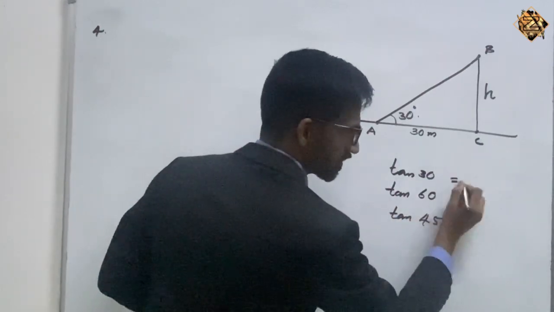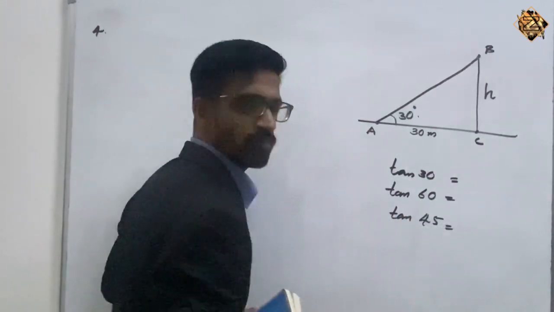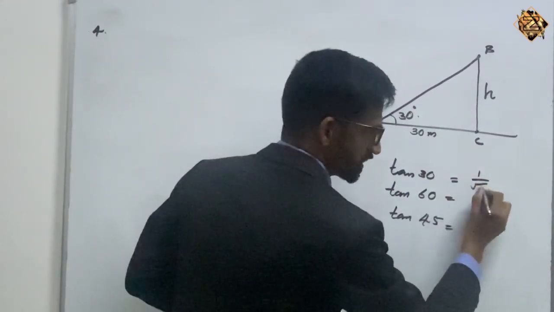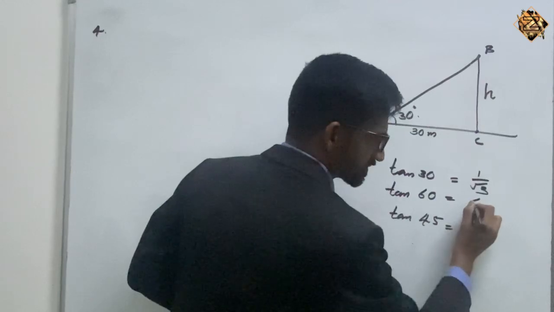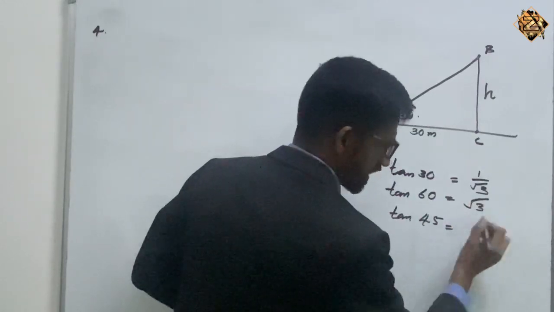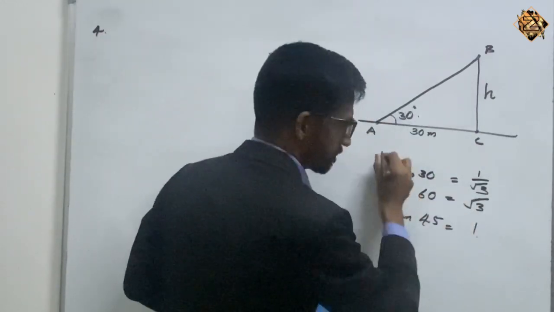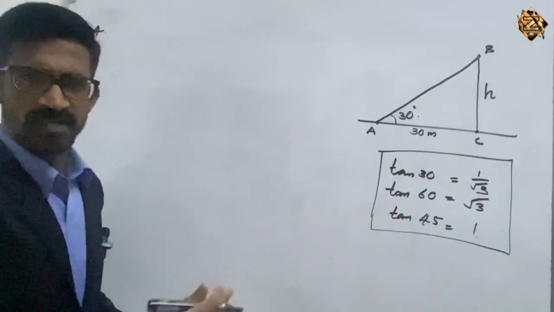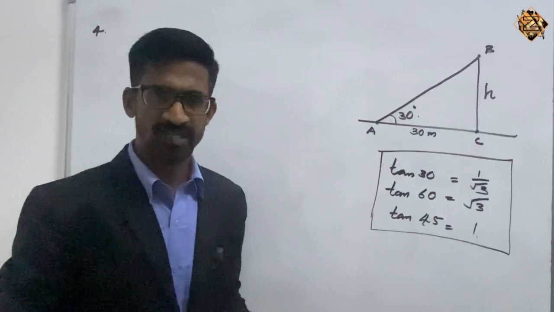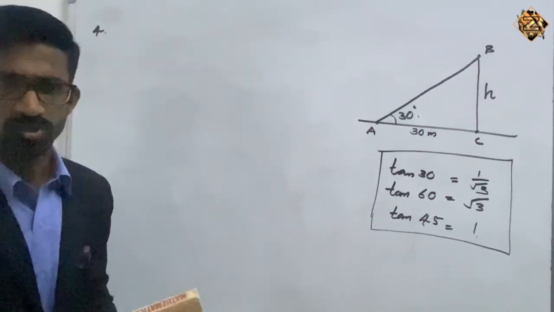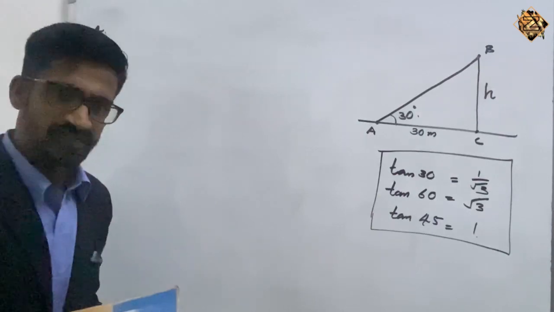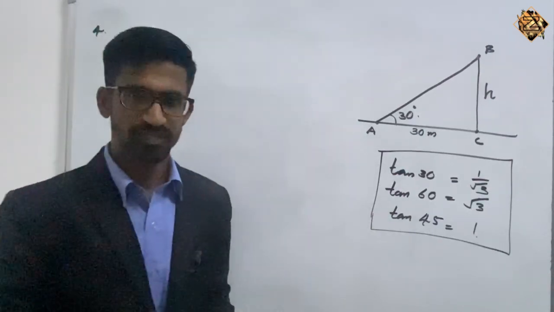If you keep these values in your mind, that will be good. Tan 30 is 1 by root 3, tan 60 is root 3 and tan 45 is 1. Most of the questions will be dealing with these values. Other than that, sine theta and cos theta are also required, but only for very few questions. So whenever it is required, we will refer to the trigonometric ratio table.